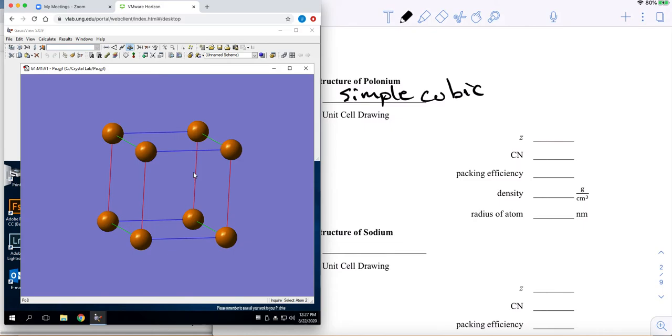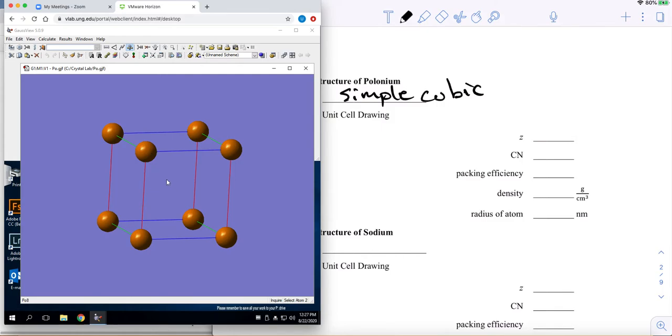One of the ways I usually like to think about this is, at the location on the cube where that atom sits, how many total cubes meet at that one little point. If we're looking at corners, that should be the meeting point of 8 total cubes. If we expanded this out in 3 dimensions beyond a single unit cell, we could have 8 cubes meeting at every corner, which means there's really only 1/8 of each of these corner atoms inside the 1 unit cell that we're looking at.